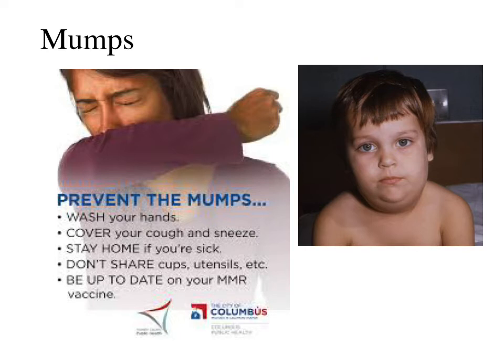Mumps likely spreads before the salivary glands begin to swell and up to 5 days after the swelling begins. So this young kid in the picture, he looks like he's got a bit of a double chin there. Well, no, that's because his parotid salivary glands are swollen due to virus infection.